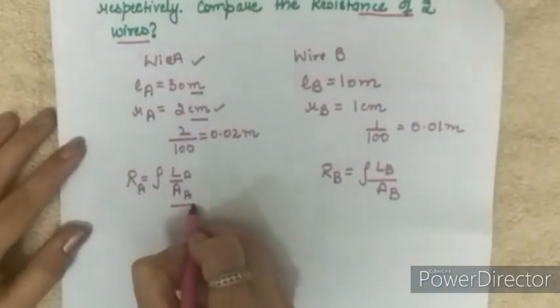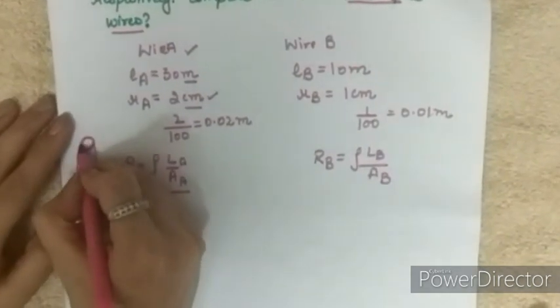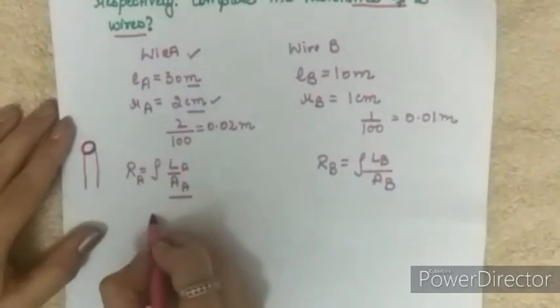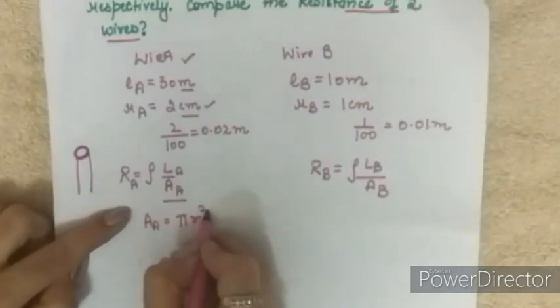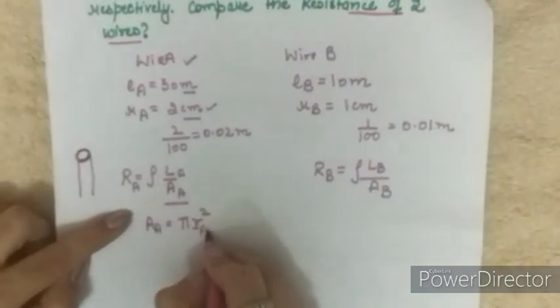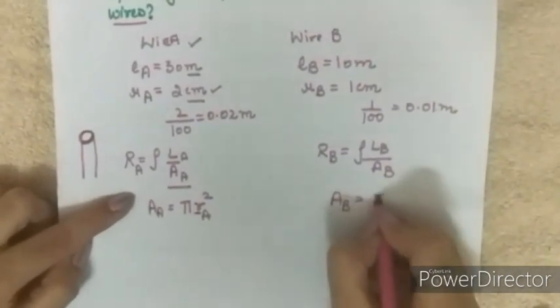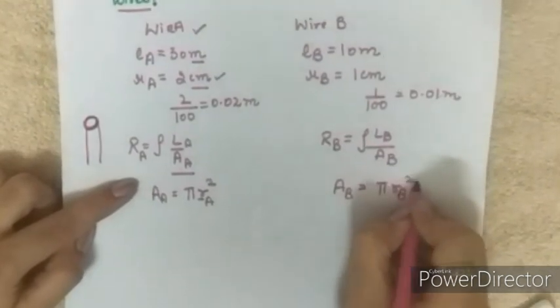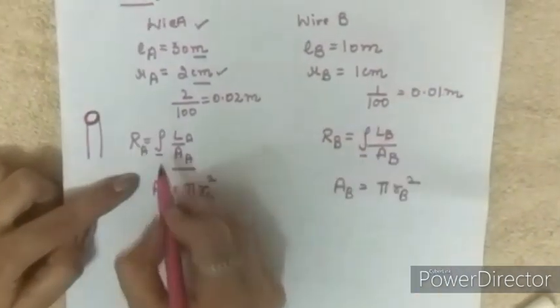Now the area of cross section of the wire is equal to pi r square. Here I am using the radius of wire A. Similarly, the area of wire B is pi rB square. One thing more, the resistivity remains the same in both the wires as the nature of the material is the same, that is copper in both the wires.